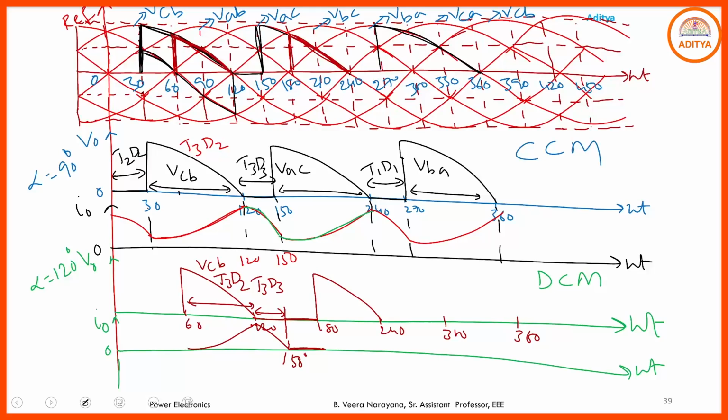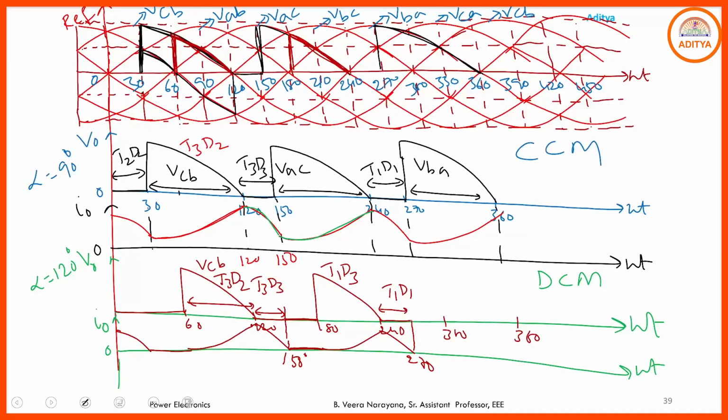Again the current flowing through the circuit is rising in nature. At 270 that energy is discharged, and T1 D1 will be in the on state. Here T1 D3 will be in the on state. So in this manner you are getting the output voltage.